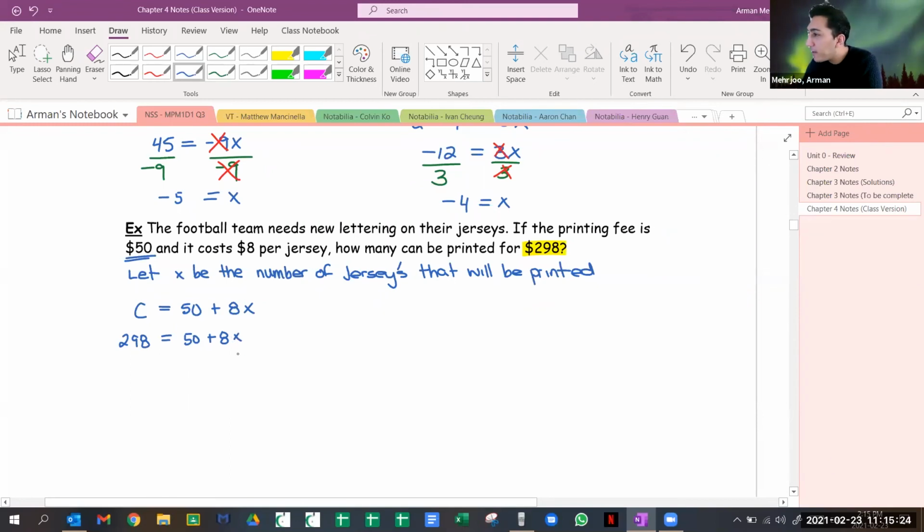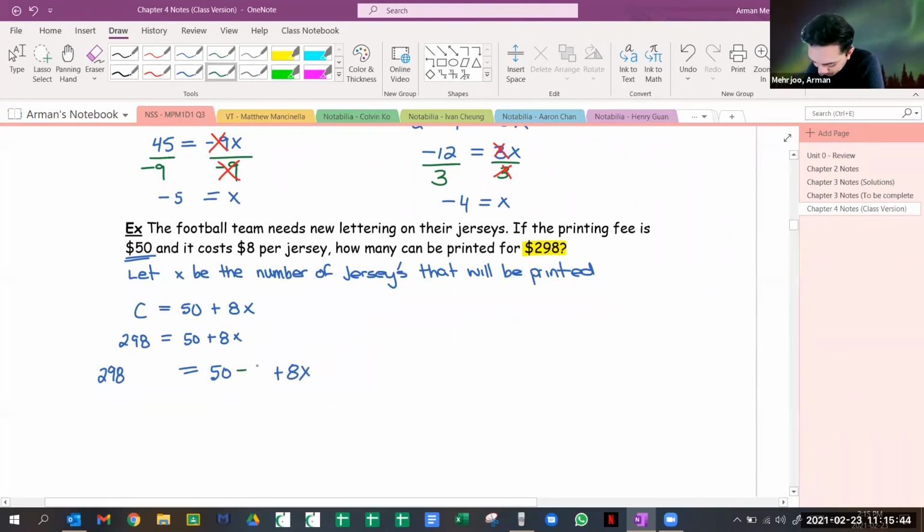So essentially, I want to isolate for x. In order to do that, let's take this 50 and let's move it to the other side. Or rather, what I should say is we're adding 50 on this side.